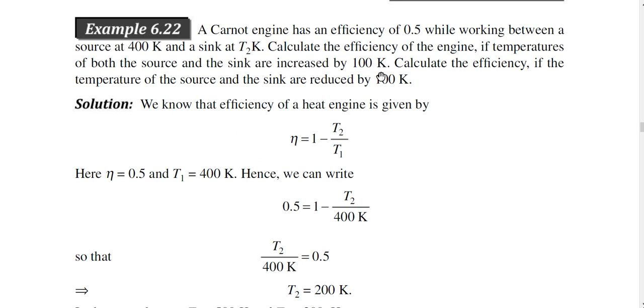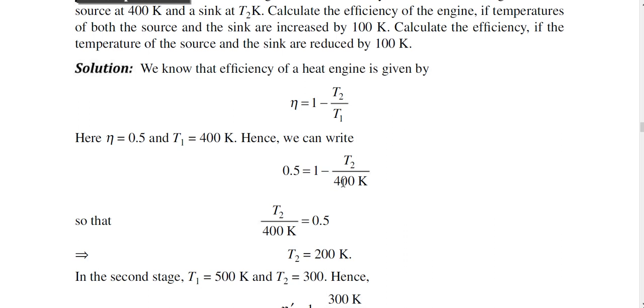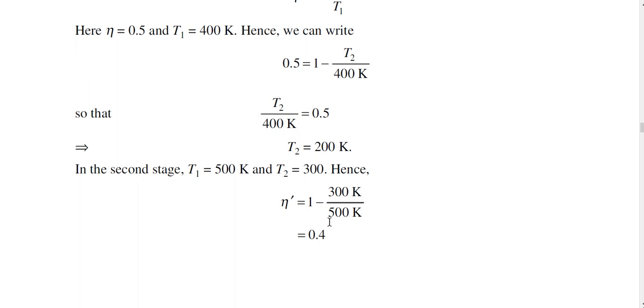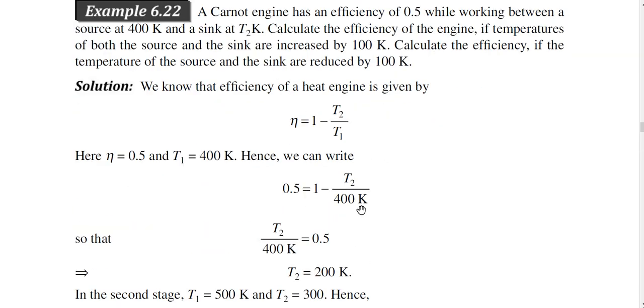Now in the second case, you are increasing the temperature of the source and sink both by 100 Kelvin, and you have to calculate the efficiency. In the initial case you have already estimated the value of T2, and T1 is given already.